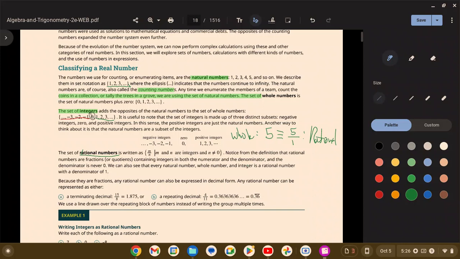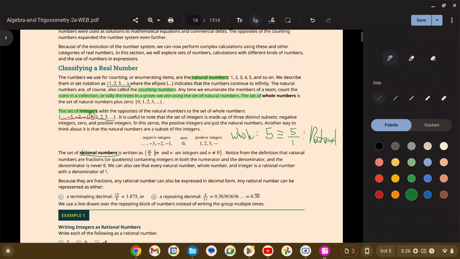Because they are fractions, any rational number can also be expressed in decimal form. Any rational number can be represented as either a terminating decimal, such as the example they use, 15 over 8, which is 1.875. It terminates because after that 5 we don't need anything else.